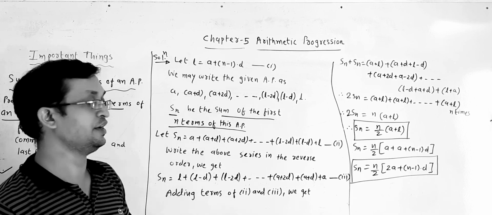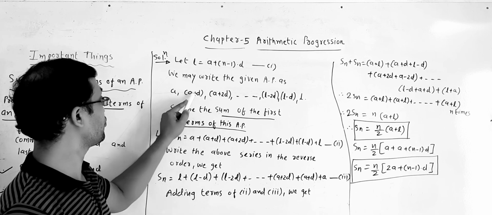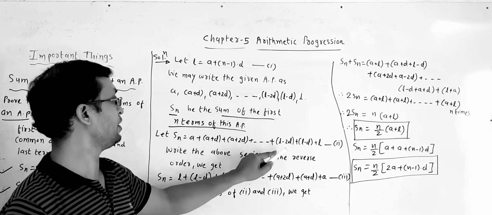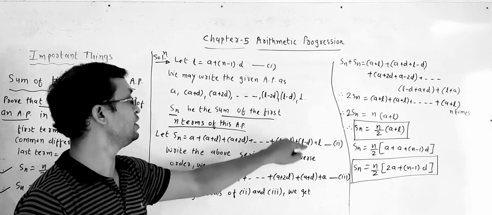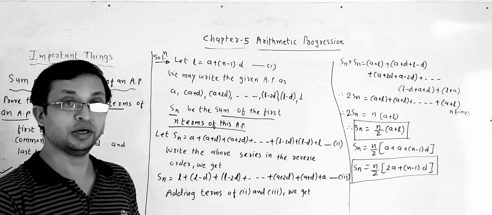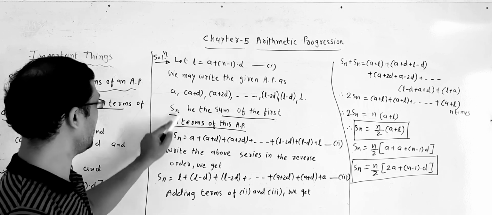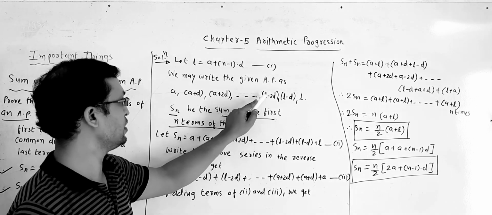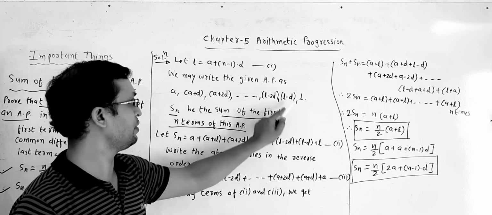Sn means a plus (a plus d) plus (a plus 2d) up to plus (L minus 2d) plus (L minus d) plus L. That is equation number 2.